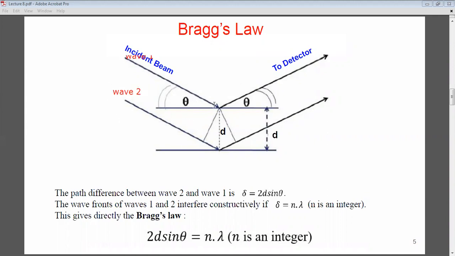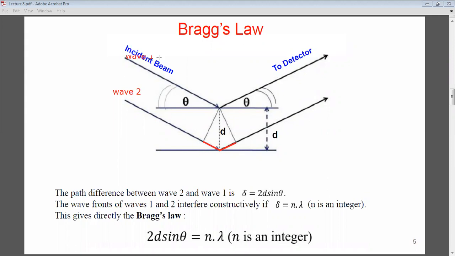So this is wave 1, this is wave 2. The path difference from this side is this distance over here. Okay, and when they get diffracted, this is also another distance. So we need to calculate this distance and multiply it by 2, and this will be the path difference.